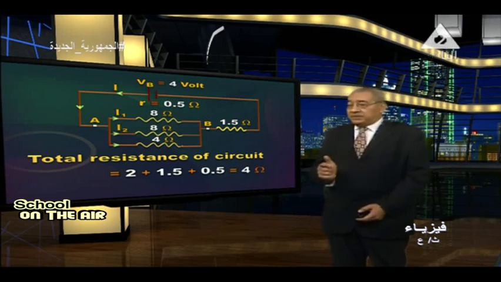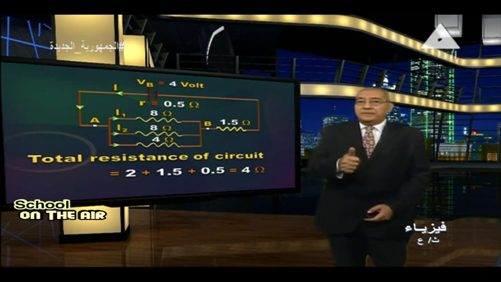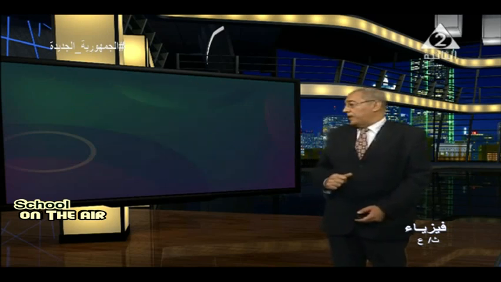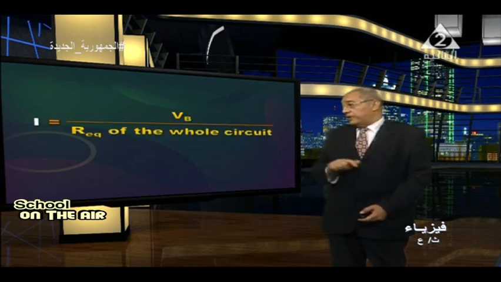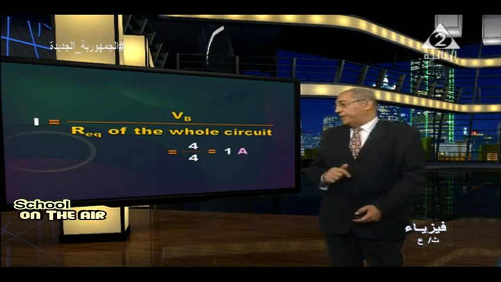Now it's all easy to obtain the current passing through the battery using Ohm's law of closed circuit. Current passing through the battery equals V battery over R total, so it is equal to 4 over 4, 1 ampere.